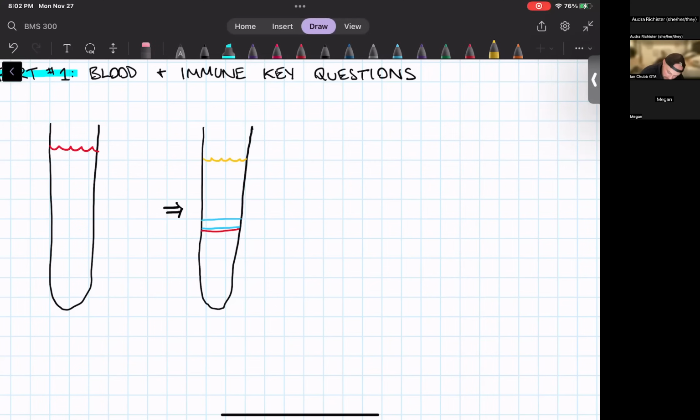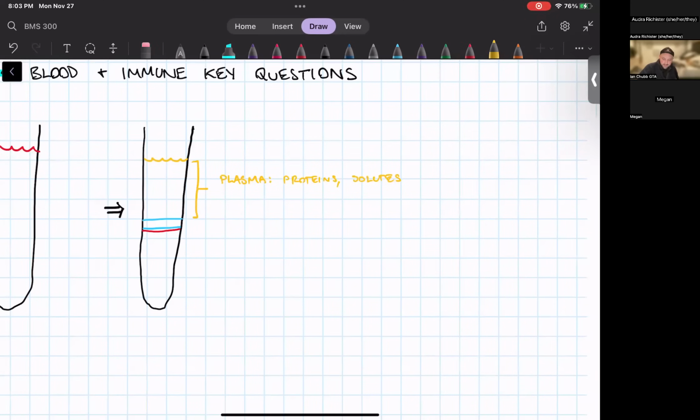All right, so yellow layer, what do we have on the top of this? When we centrifuge it down, what actually settles at the top? Plasma. Yep, so this is our plasma. And what's in the plasma usually? What would we find? Proteins. Yep. We'll have solutes, like ions, sodium, chloride, things like that.